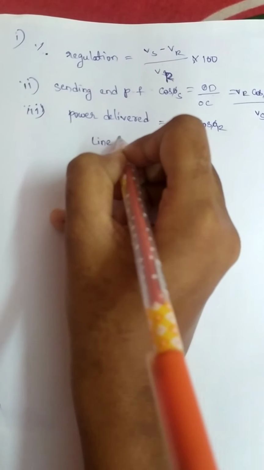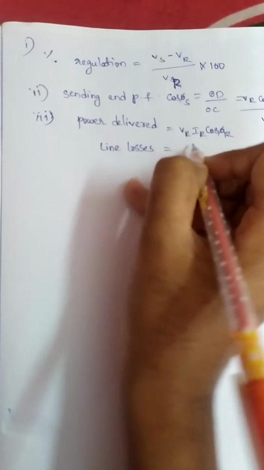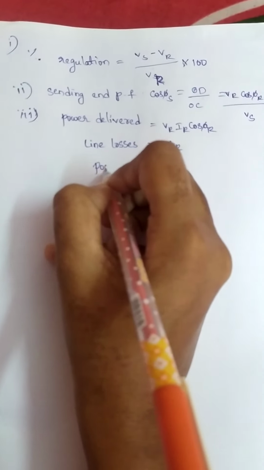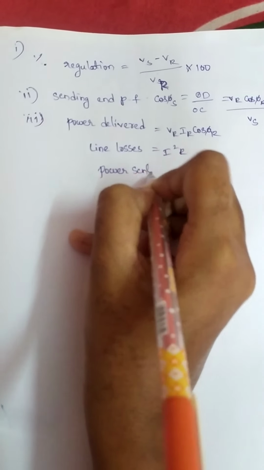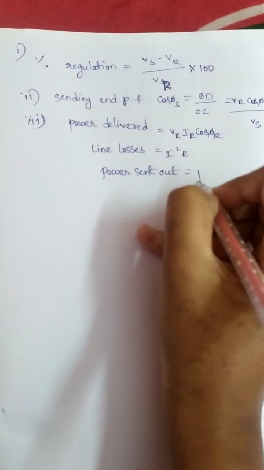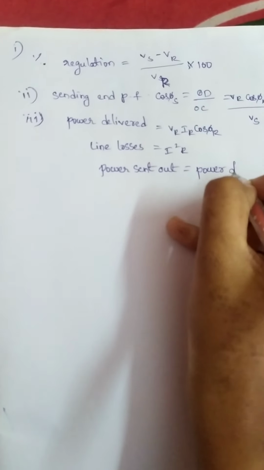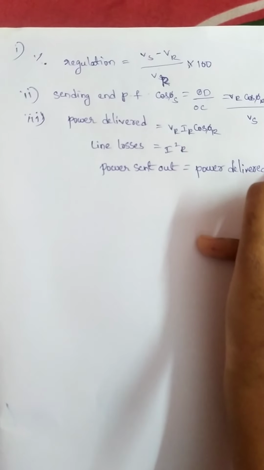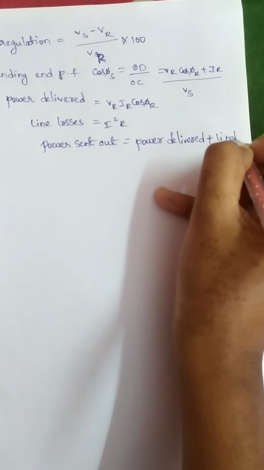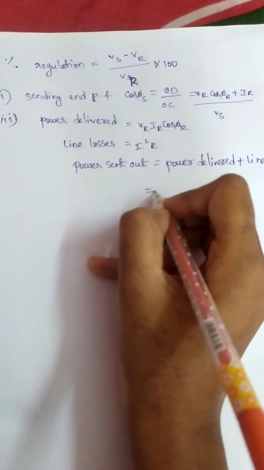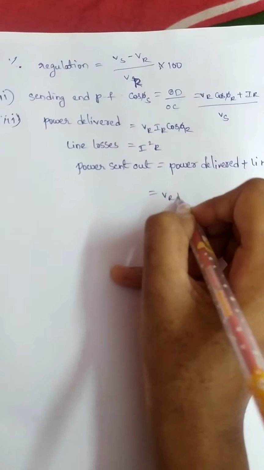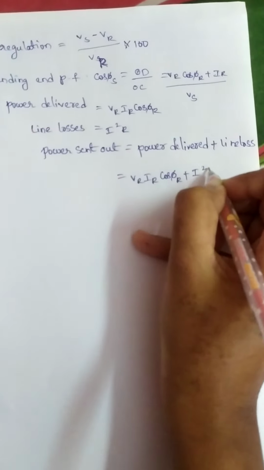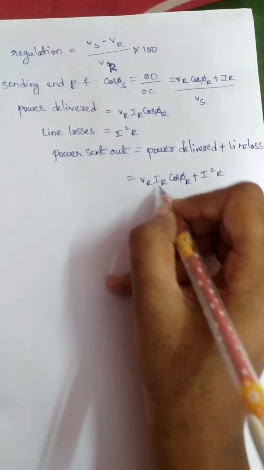Line losses are equal to I square R. Next, how much power is sent out is equal to how much power is delivered plus line losses. That is, VR IR cos φr plus I square R. So this is the total power sent out equation.